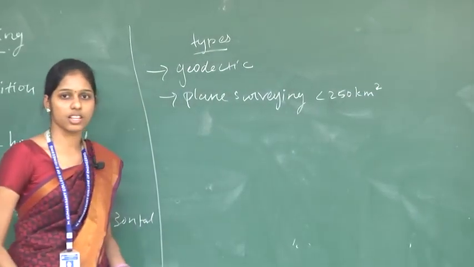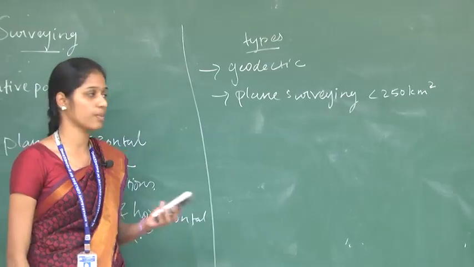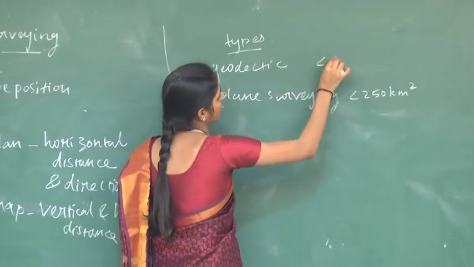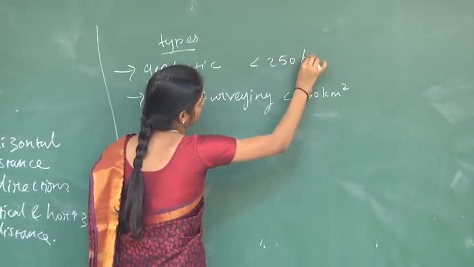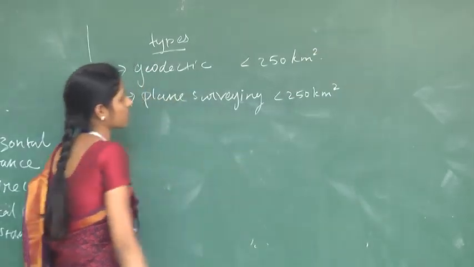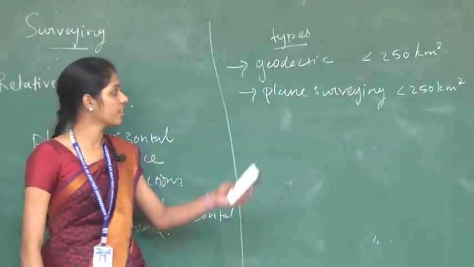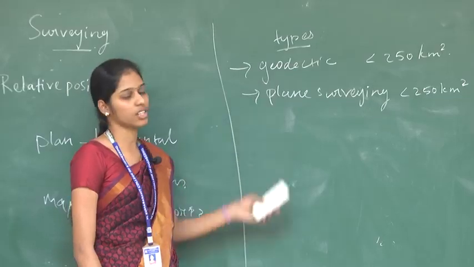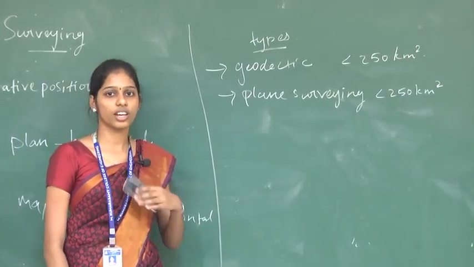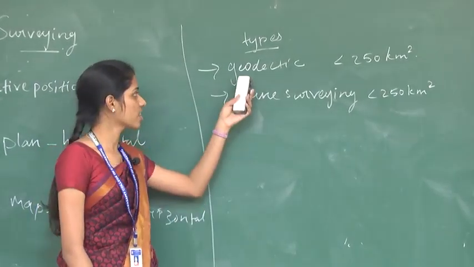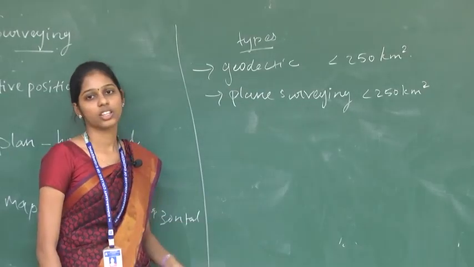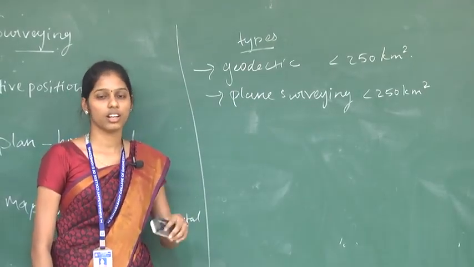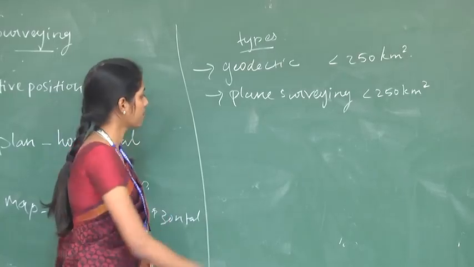If the area exceeds 250 km square, it is coming under geodetic surveying. The main difference between geodetic surveying and plane surveying is the curvature of earth is taken into account in geodetic surveying, while in plane surveying, the surveying area is taken as plane surface.